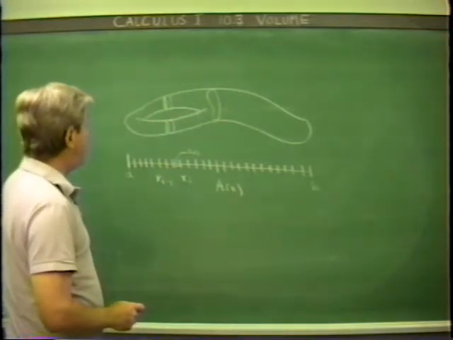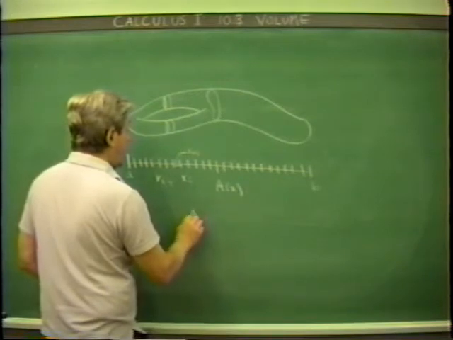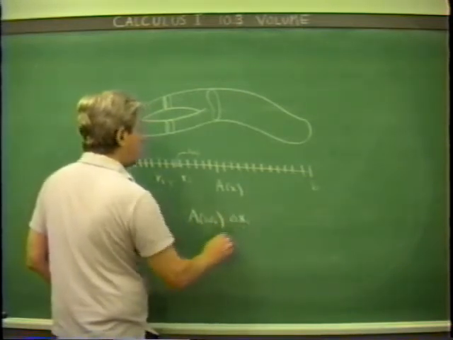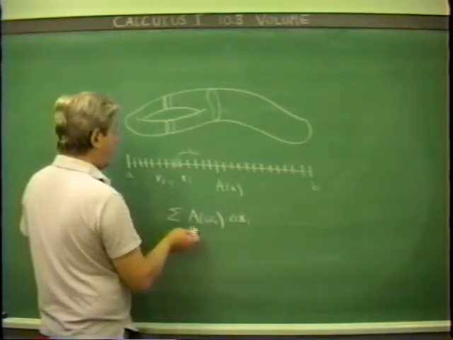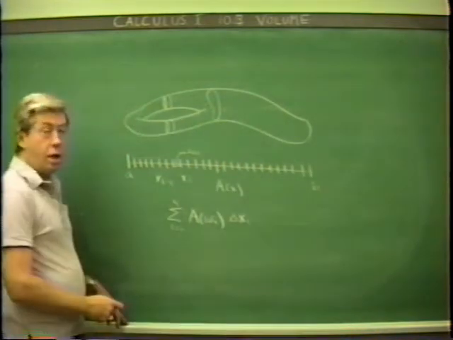It's going to be approximately equal to the area, that's A of wi, times delta xi. So if we were to add up all of these A of wi delta xi's, we would have approximately the volume of the solid.